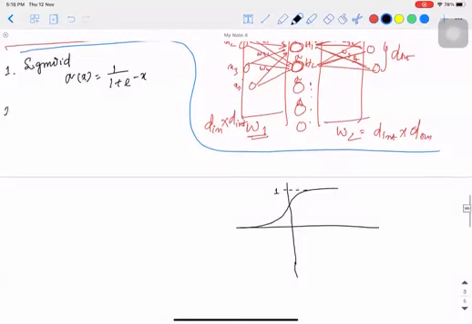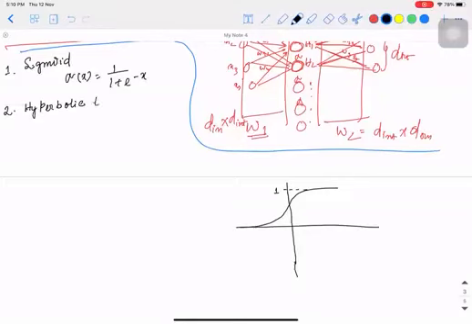The other one is called tangent, or hyperbolic tangent. The problem in the sigmoid function is that it never returns a negative value. In some cases, you possibly need to return negative values.